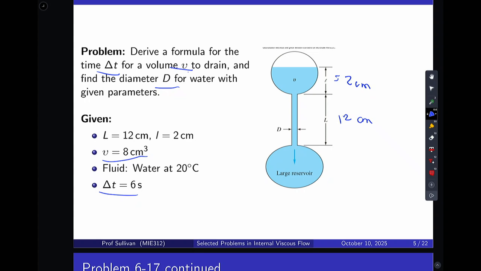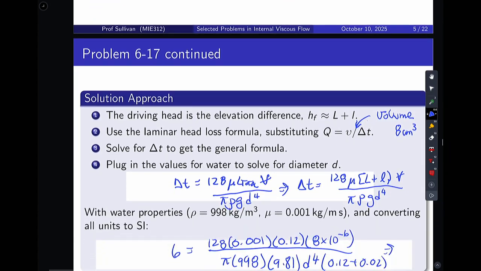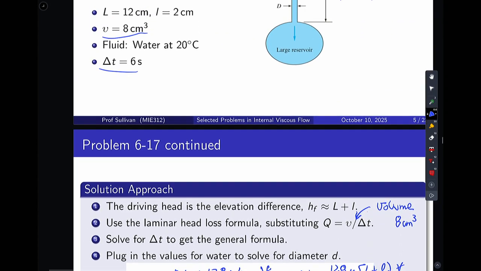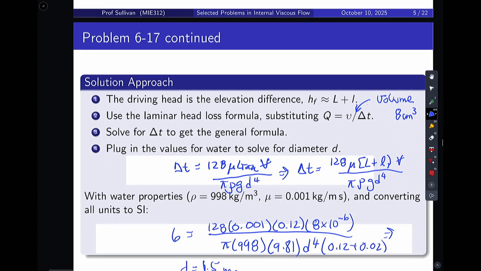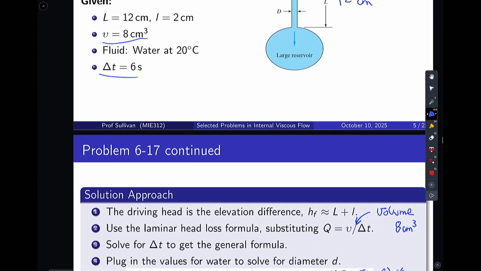Okay, but the formula only had L plus L. Yeah, the 0.12 plus 0.02, that's correct. Is that the L? Is that loss? Okay, wait a minute.